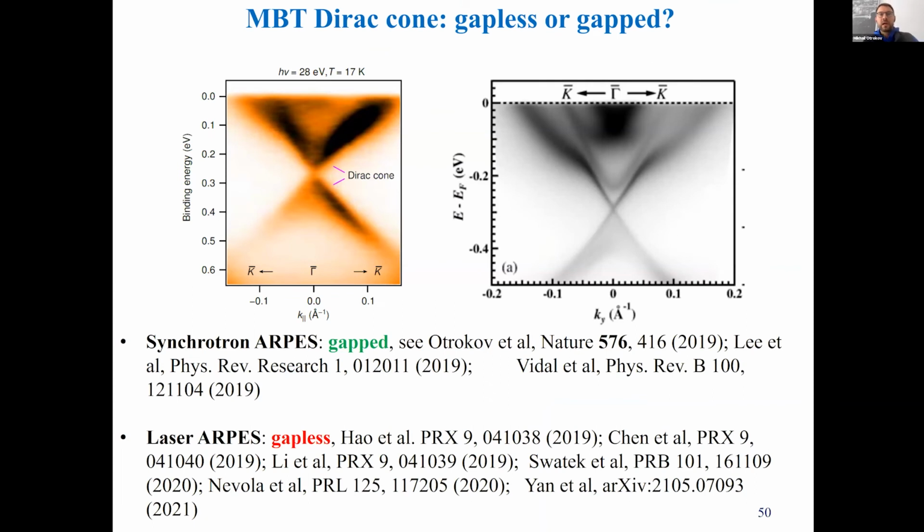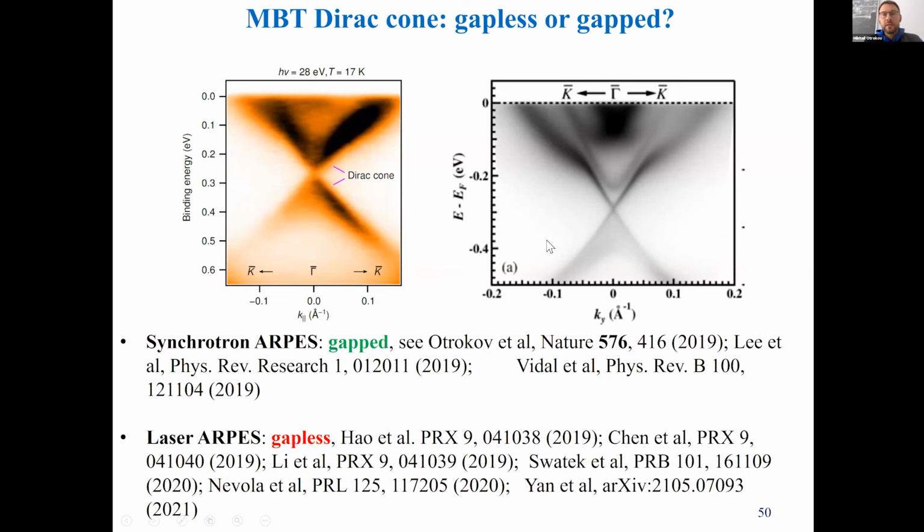Now a little bit about gapless or gapped. As I have already said, the first synchrotron radiation ARPES studies reported a gapped Dirac point, as you can see in these publications. This is one of the spectra.